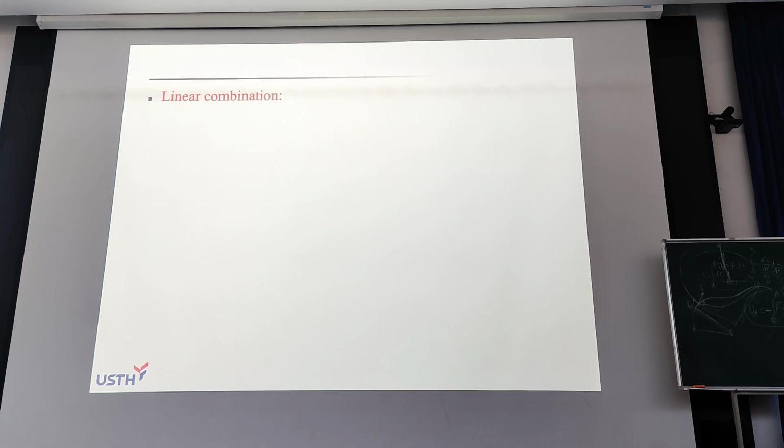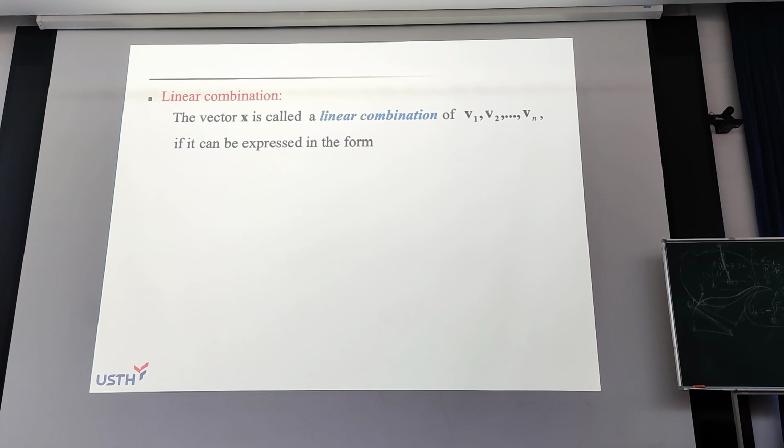So today we begin with a new notion named linear combination, in Vietnamese tổ hợp tuyến tính. Somewhat strange, the name. Here is the definition. Suppose that we are given a set of vectors v1, v2, ..., vn. The vectors are now in n-space.